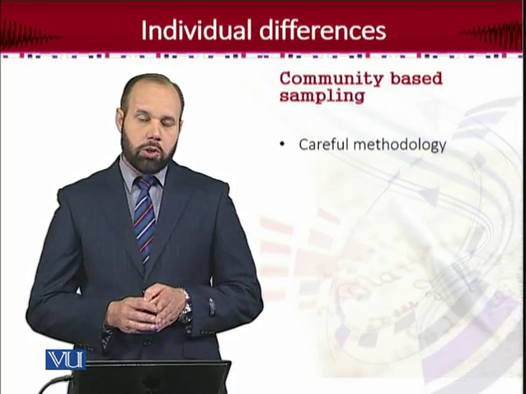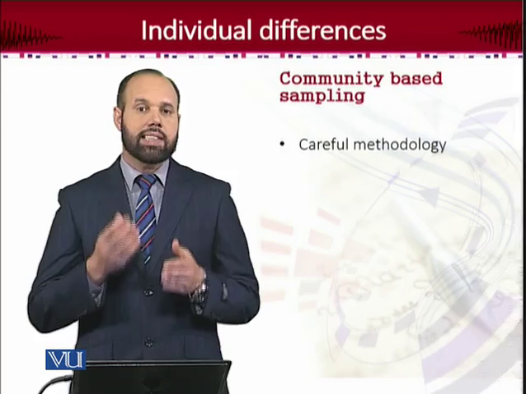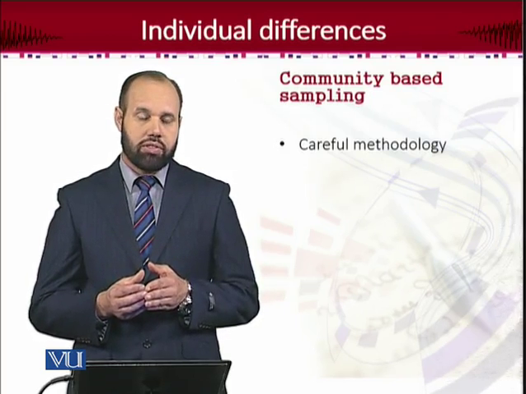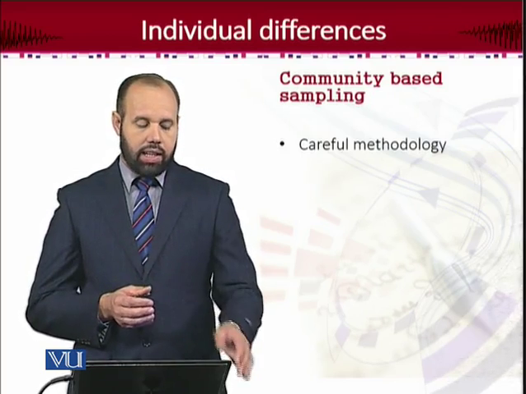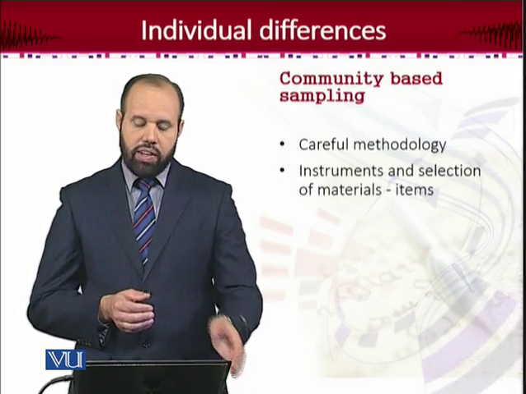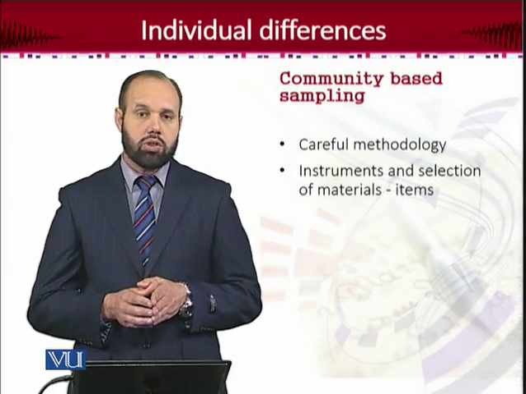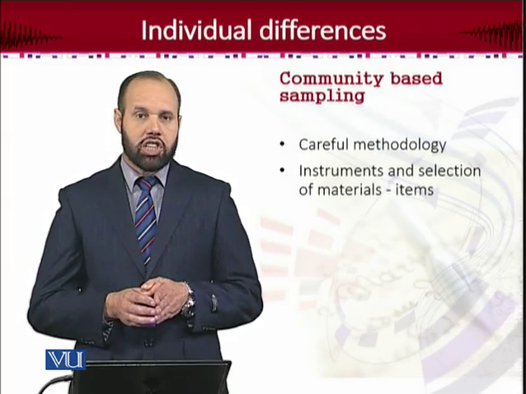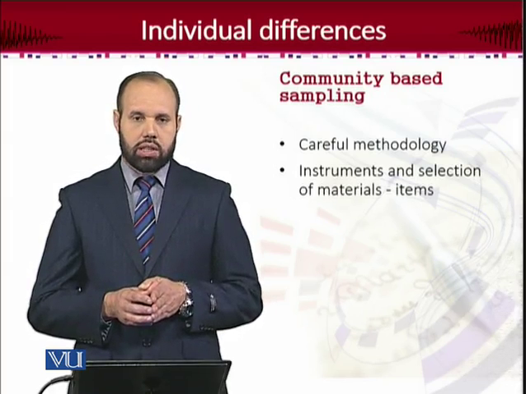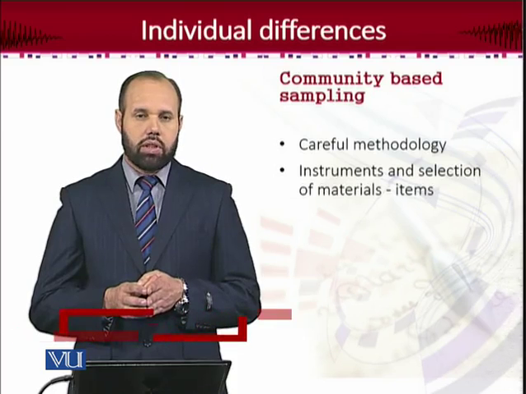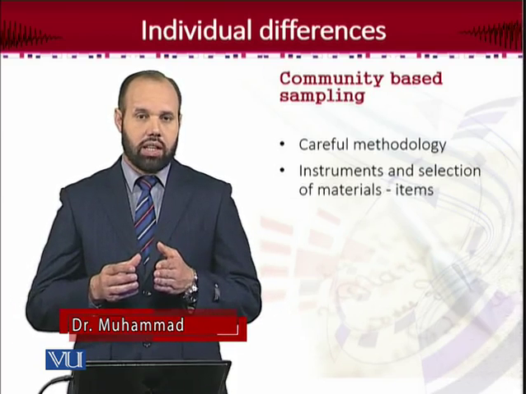right? In order to have a community-based sample, we specifically design methodology for the selection of speech. Like one example is that when we are using instruments, our instruments are quite refined. We are using sophisticated instruments, right? And then we are selecting material, which is in items like word lists, okay, which discount the individual differences, right?